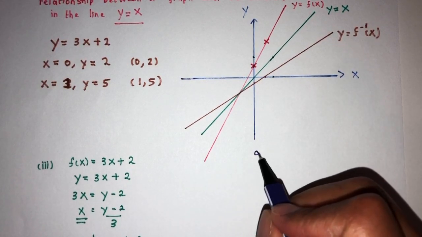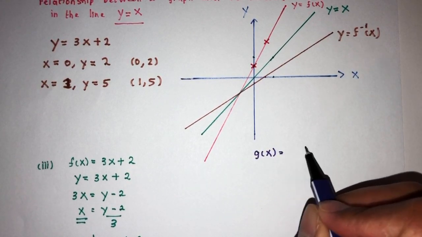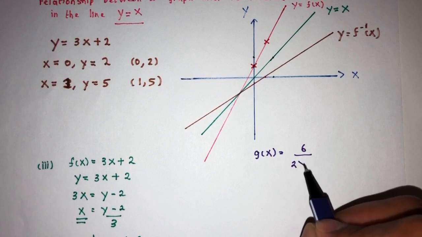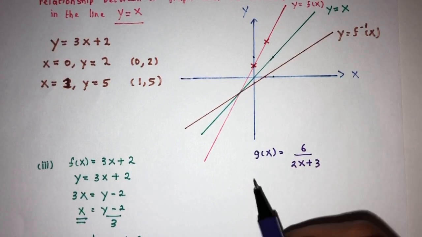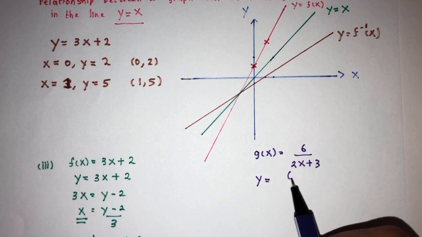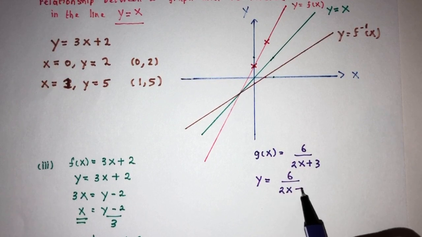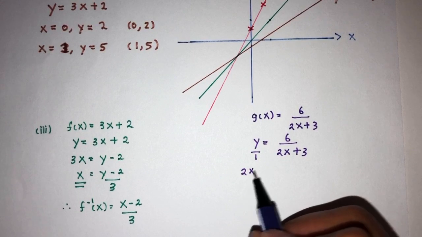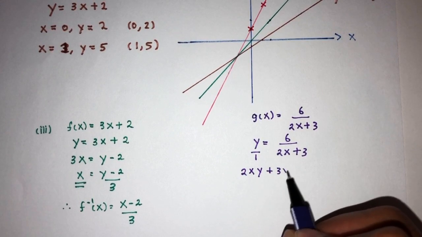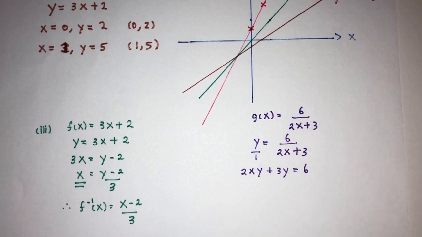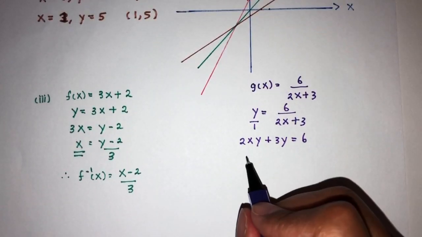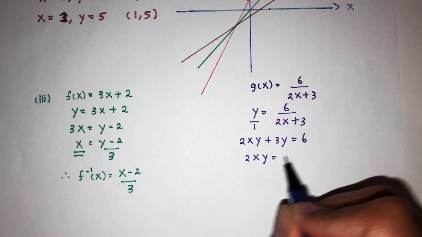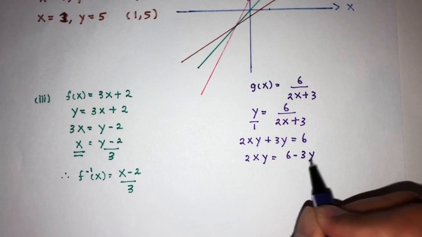So we know that g of x was given to you by 6 over 2x plus 3. We let y equal to g of x, which is 6 over 2x plus 3. We cross multiply, you will have 2xy plus 3y equal to 6. We have to make x the subject, so you have 2xy equal to 6 minus 3y.